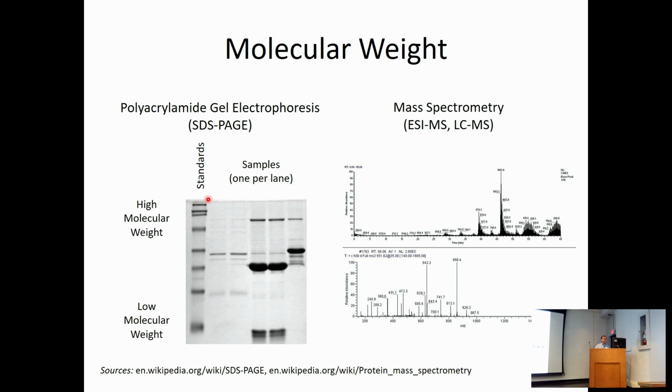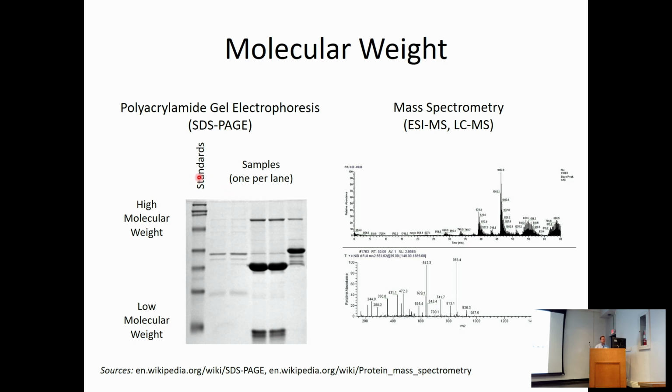Generally, the idea is you load your proteins up here, you apply a voltage, and you've added this chemical called sodium dodecyl sulfate, which basically gives all of your proteins a negative charge. So if I put a positive charge down here at the bottom, those proteins are going to migrate through the gel. Since the gel has pores of different sizes, the big proteins are going to be held up here near the top. They're not going to migrate very quickly. The small proteins, on the other hand, can migrate very, very rapidly.